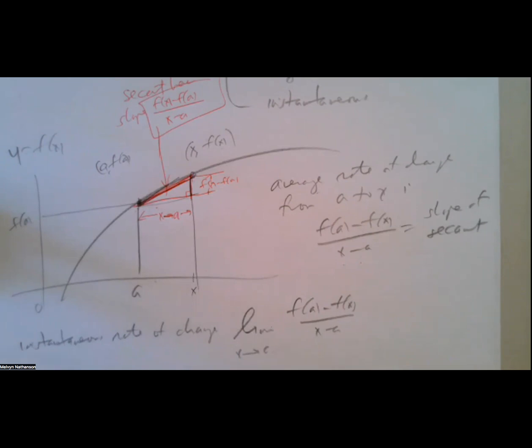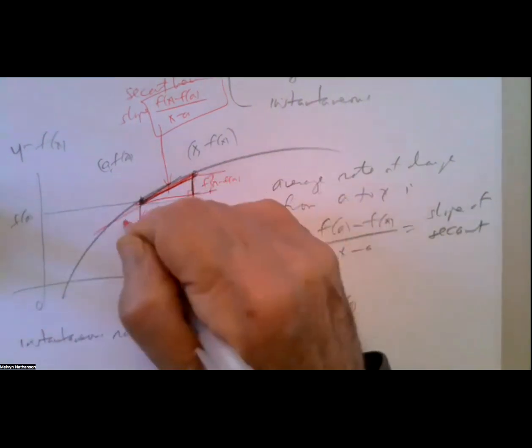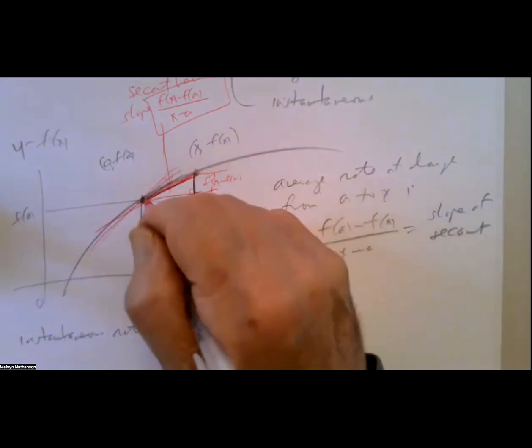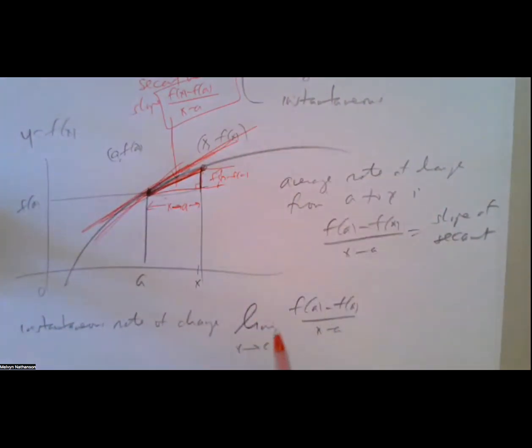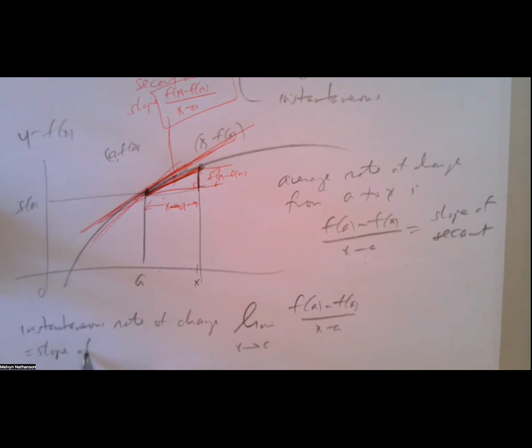So you can think of it as you have this secant line, another secant line, another secant line, and in the limit, you approach a tangent line. So this limit, the instantaneous rate of change, is the slope of the tangent to the curve.